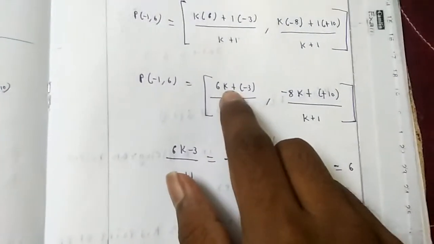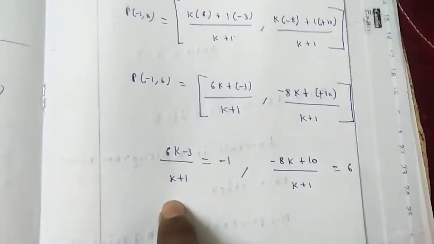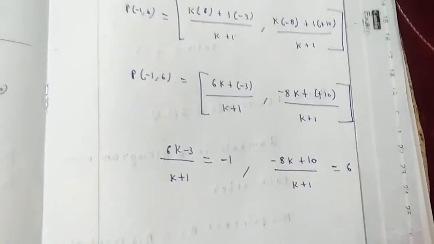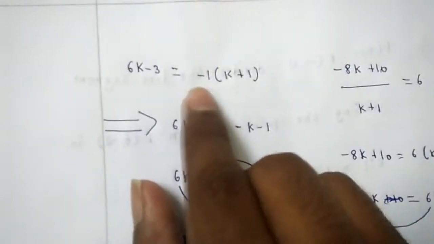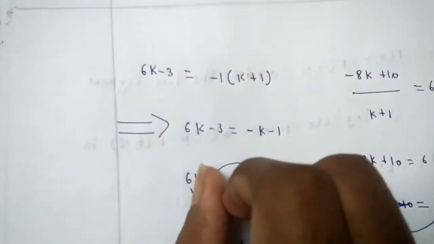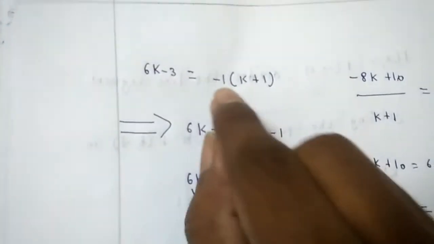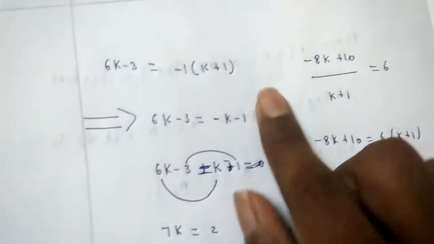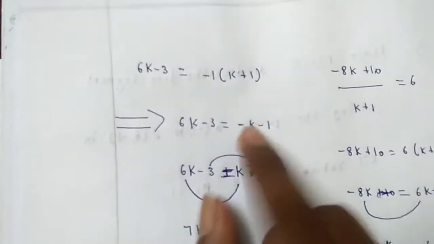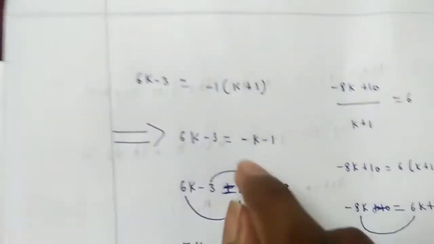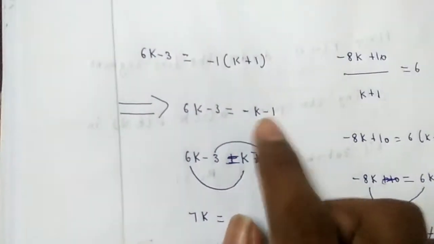So (6k minus 3) by (k plus 1) is equal to -1. Now 6k minus 3 is equal to -1 into (k plus 1), that is, 6k minus 3 is equal to minus k minus 1.